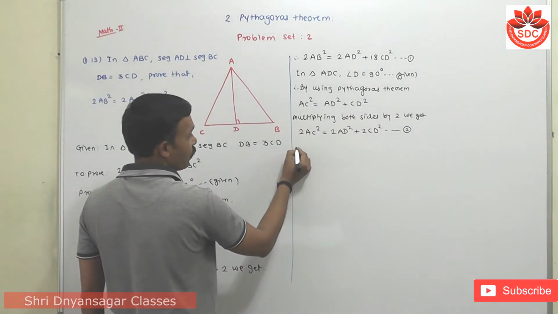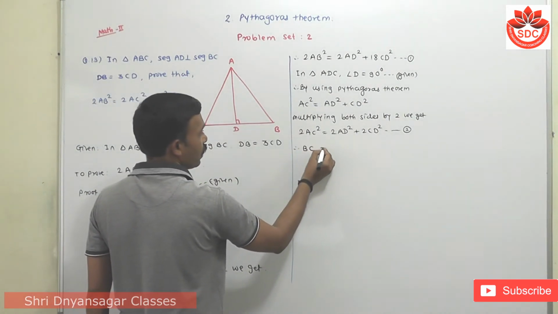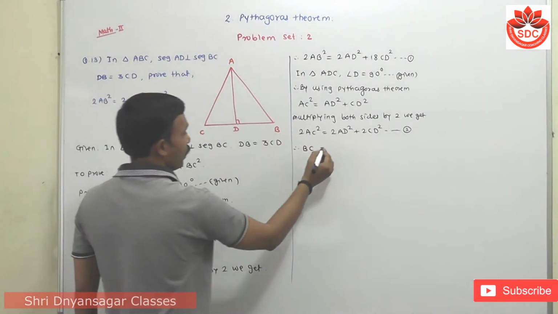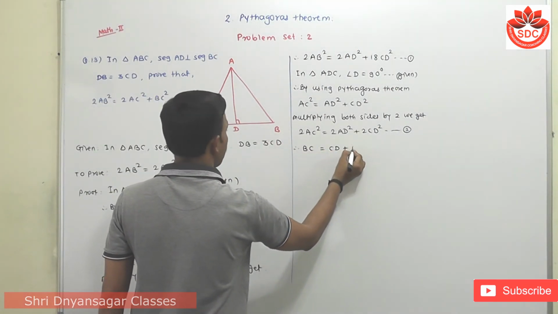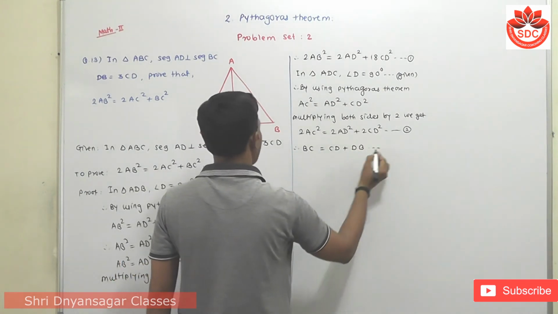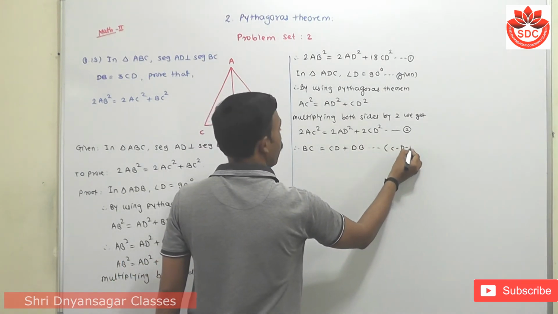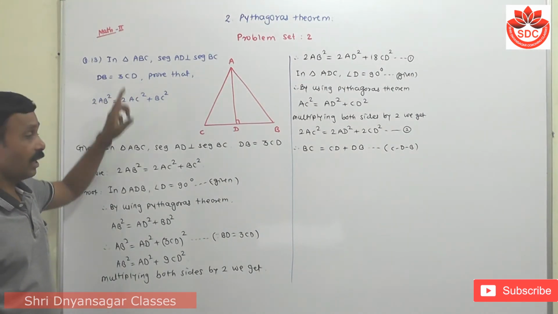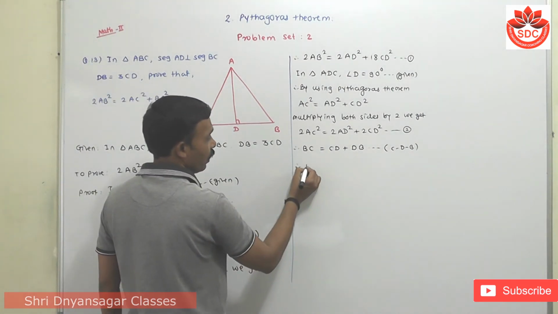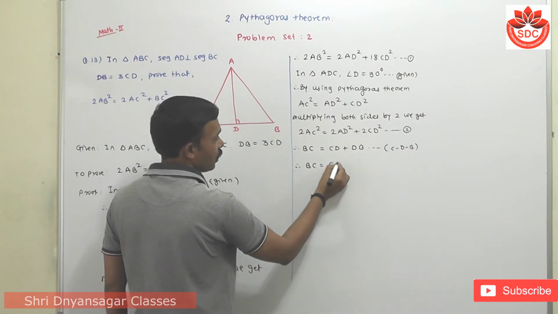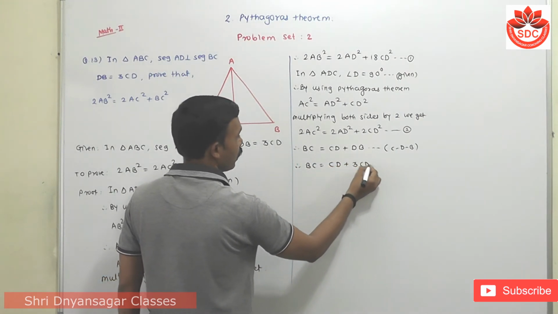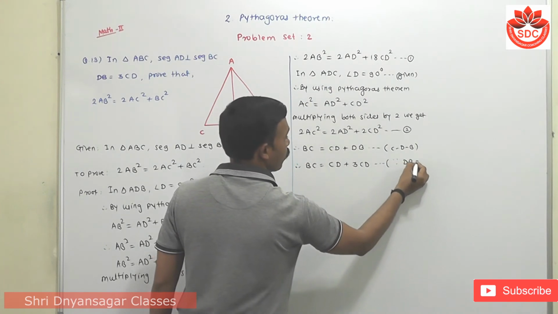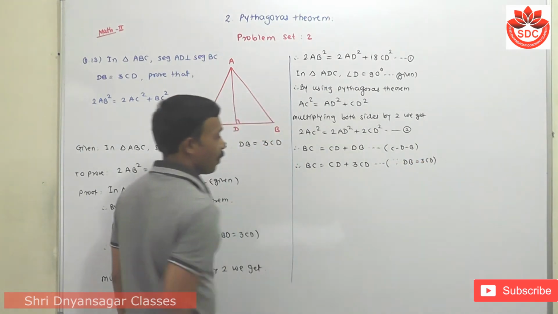So by using this figure, first I have to find BC. BC is equal to CD plus DB. The value of DB is thrice CD. Again I have to put that here. Therefore BC is equal to CD plus thrice CD, because DB is equal to thrice CD.